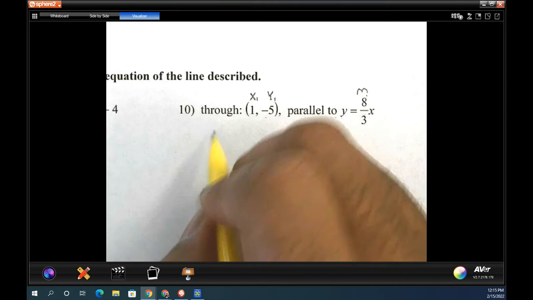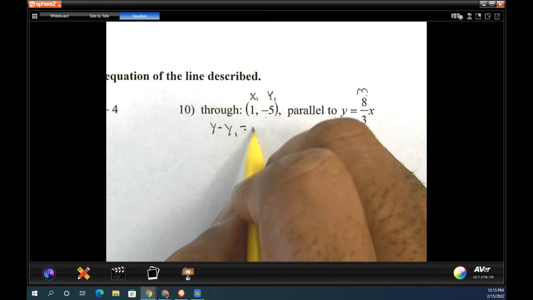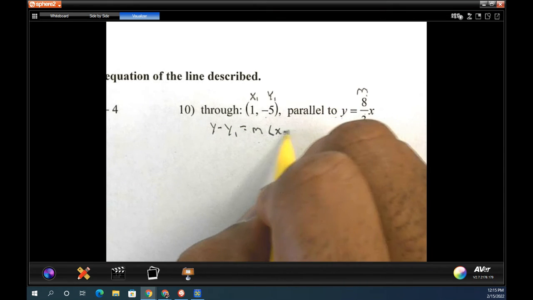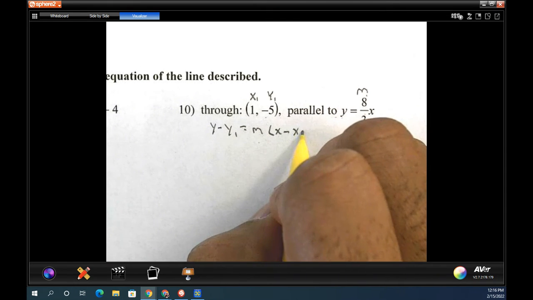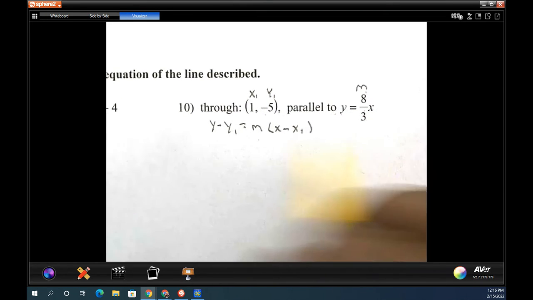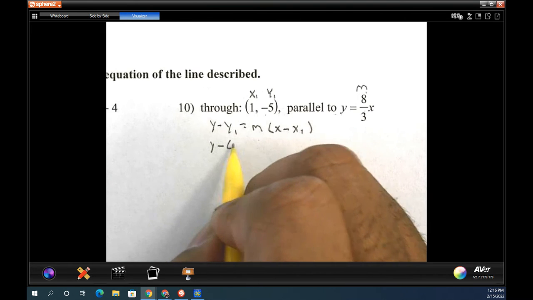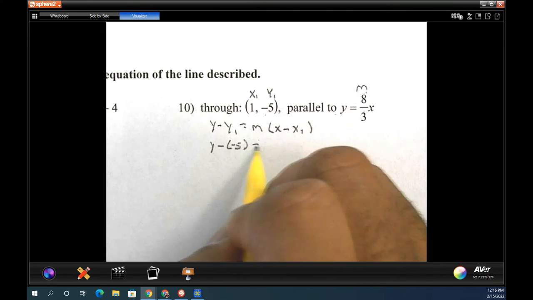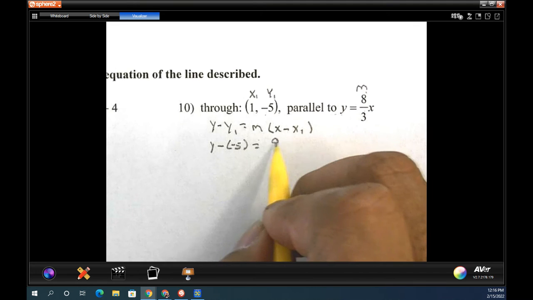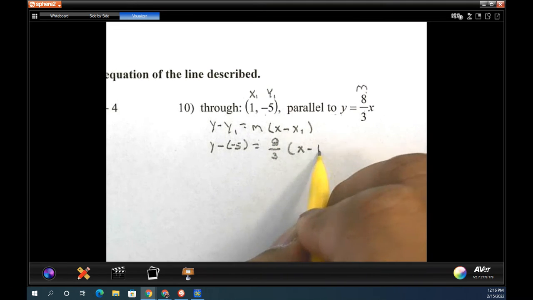Hence the name point slope formula. So it'd be y minus y sub 1 is equal to m times x minus x sub 1. Plug and play. Y minus -5 is equal to 8/3 times x minus 1.